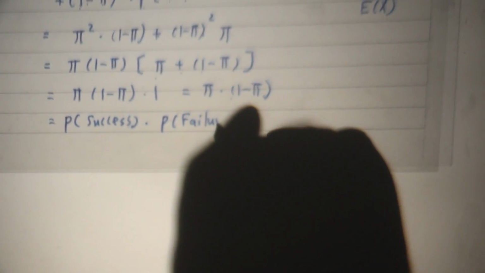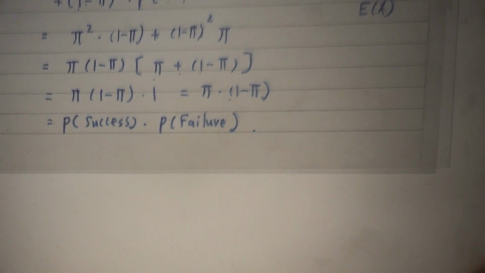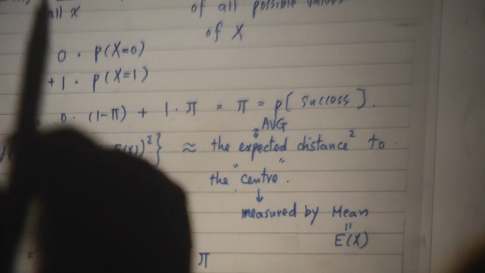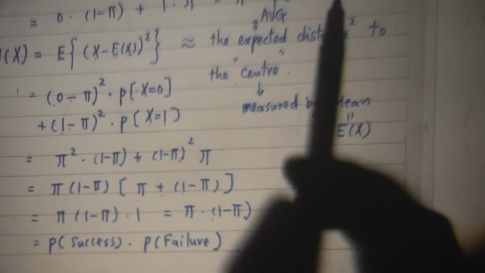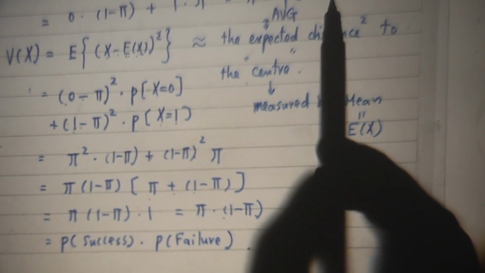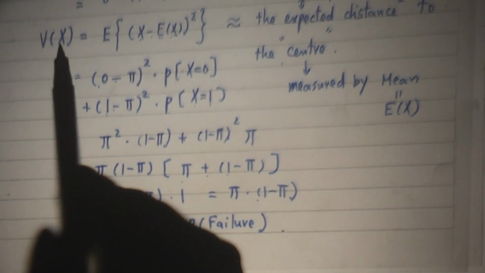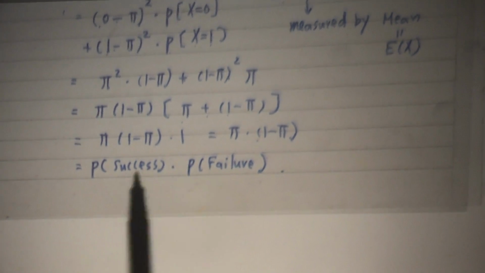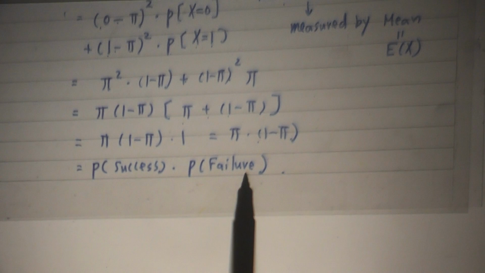Of failure. Okay? So it's very easy to remember the mean and the variance of a Bernoulli random variable. The mean of a Bernoulli random variable is the probability of getting a success. And what is the variance of a Bernoulli random variable? It is a product of two probabilities. One for success, one for failure. Okay?